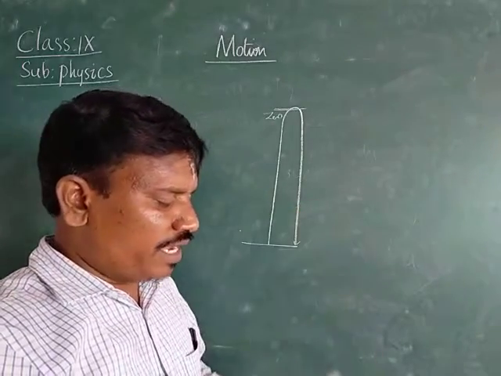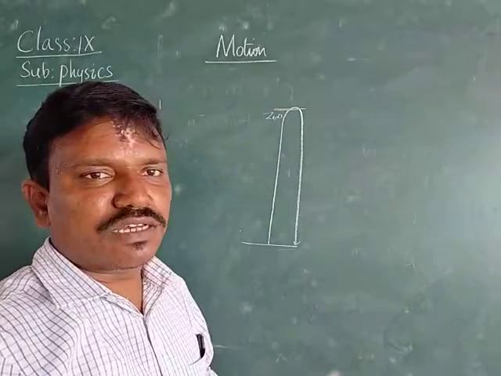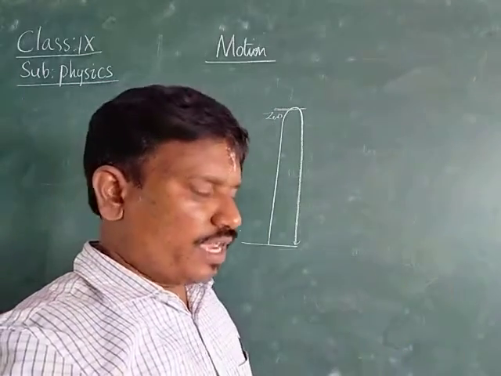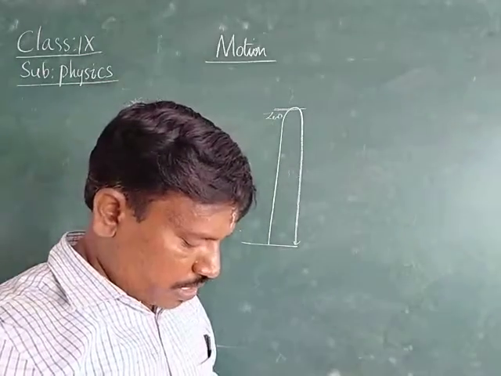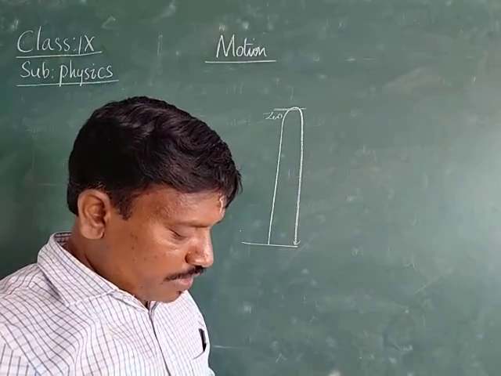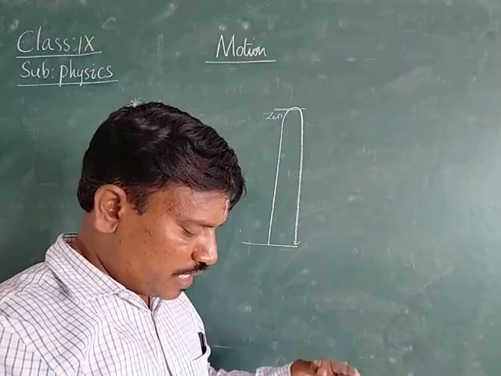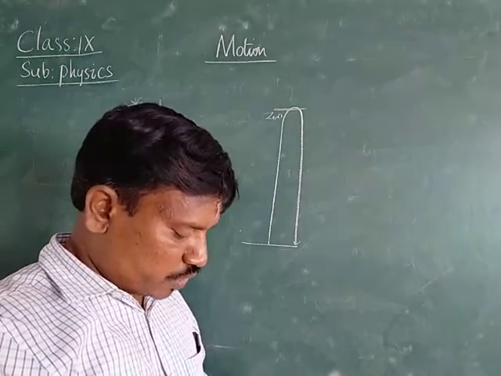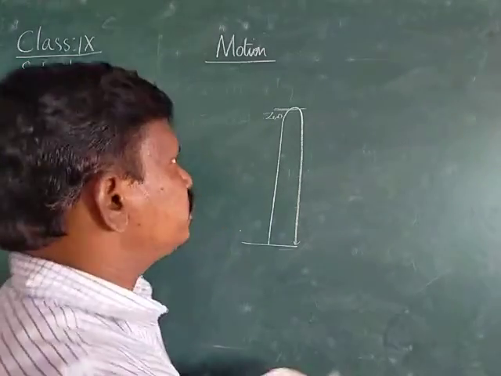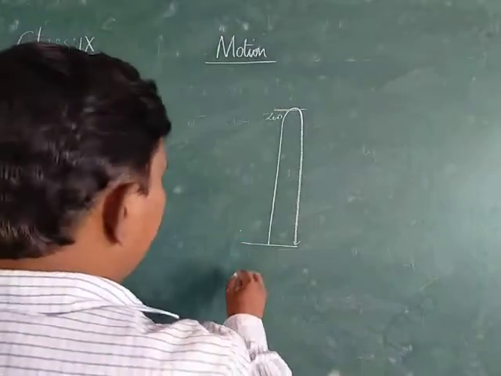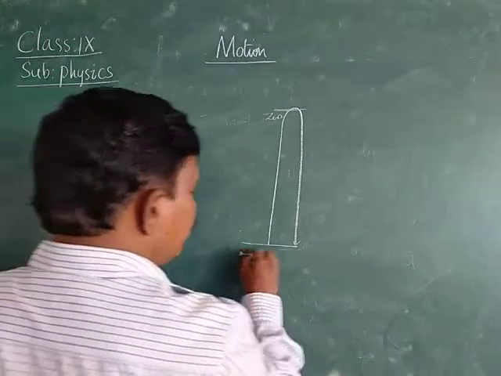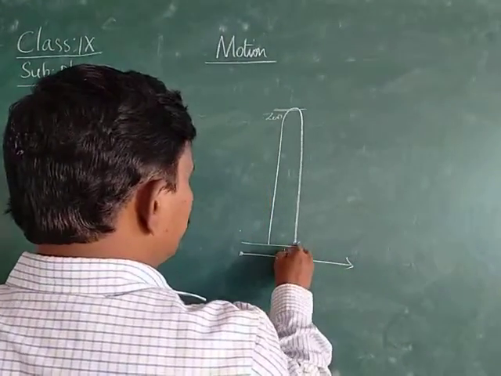Okay. While we are solving the equations, or when the body is moving, accelerating or decelerating. Next, another note that we should remember during the equations of motion. In an origin, which is nothing but a middle line, if an object is moving towards the right, we should take it as positive.